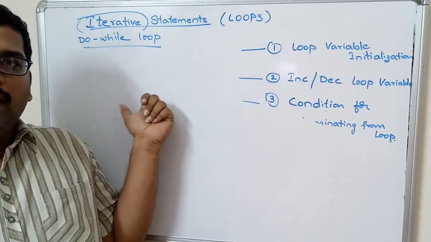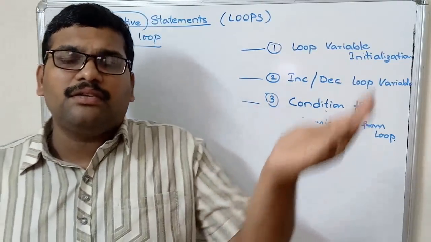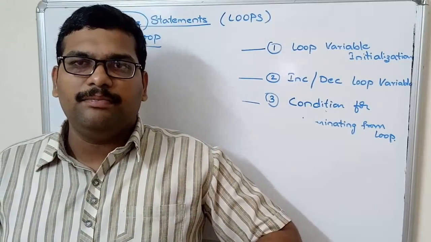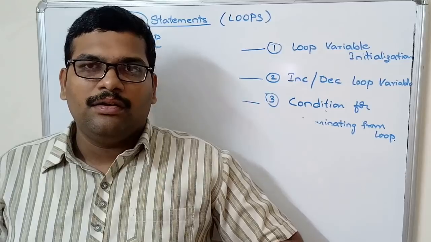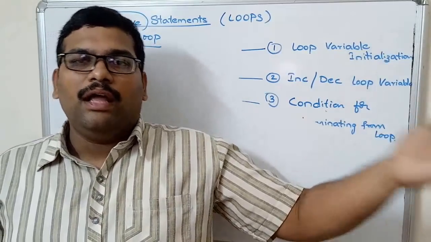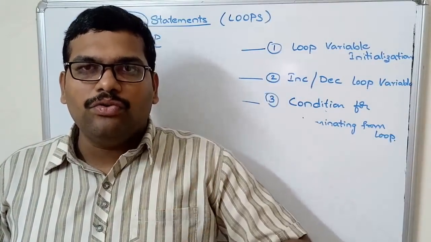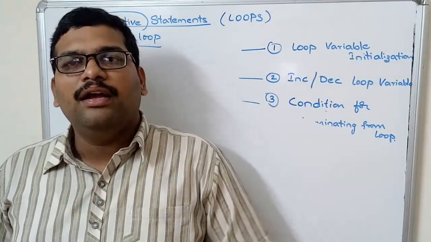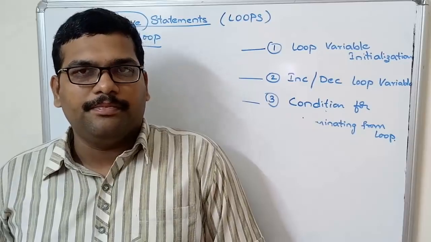Whereas in this do while, the name itself indicates, first the control will enter into the loop, and at the end of the loop the condition will be checked. If the condition is true, then again the control will enter into the block, or else it will come out from the loop.